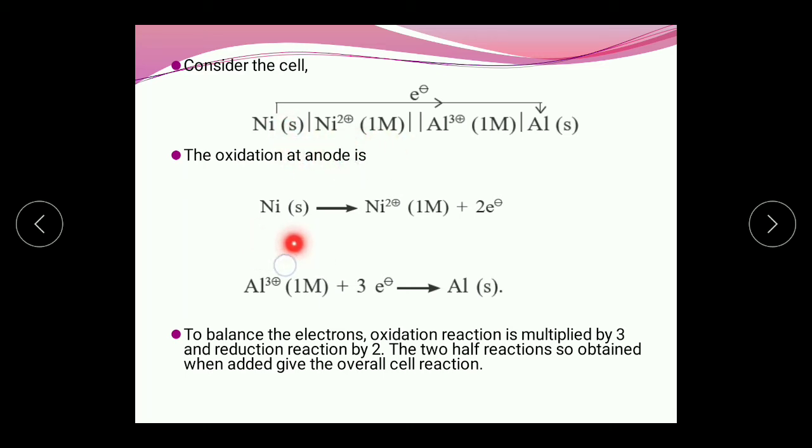That means nickel will remove 2 electrons to convert into Ni plus 2 ions. So this is the oxidation reaction at the anode: Ni getting converted to Ni plus 2 by removal of 2 electrons. And hence the reaction is balanced like this: 2 plus, 2 minus and neutral. So charges are also balanced.